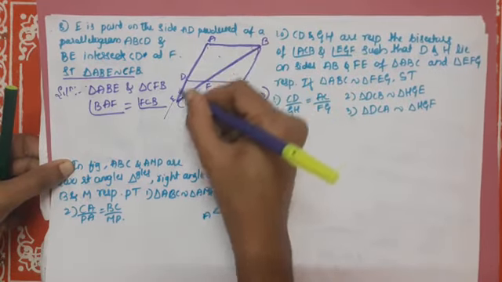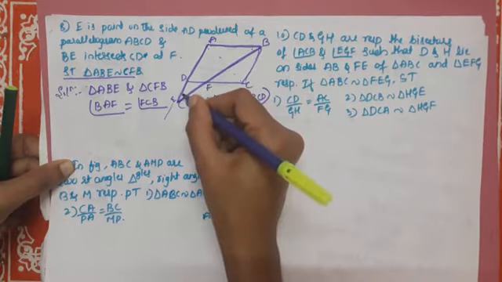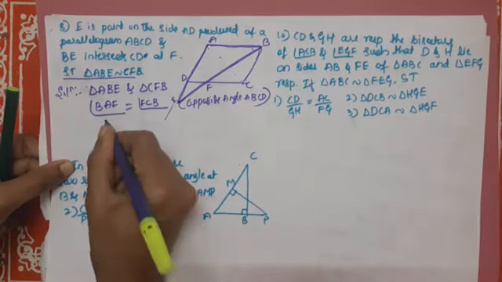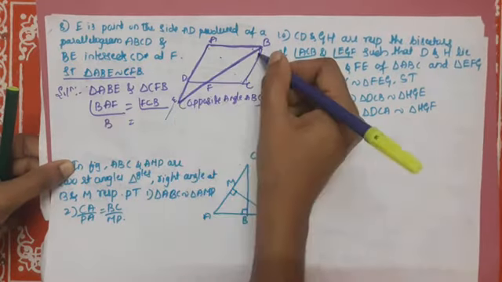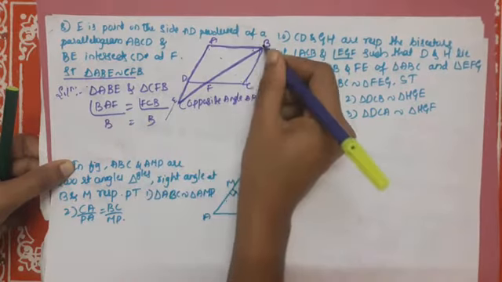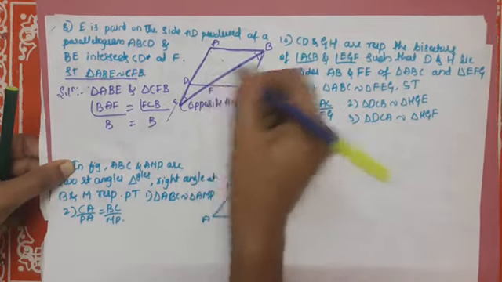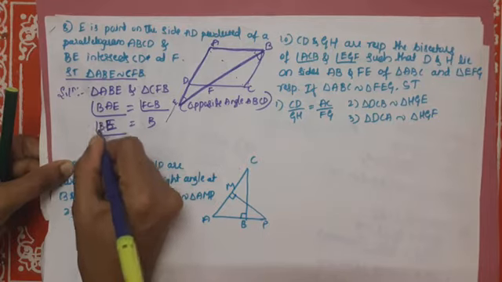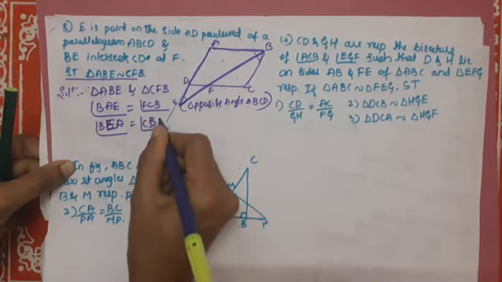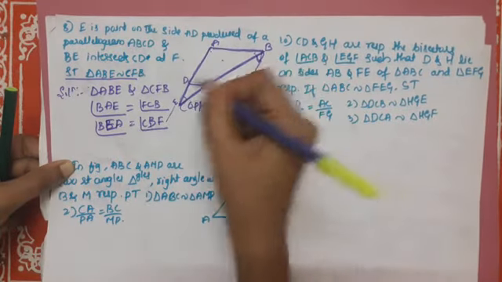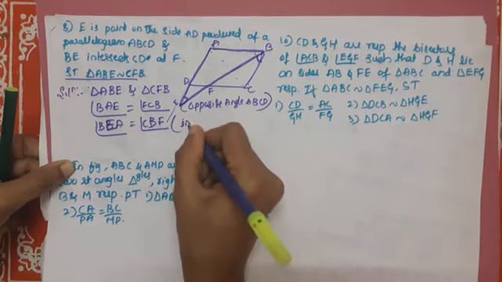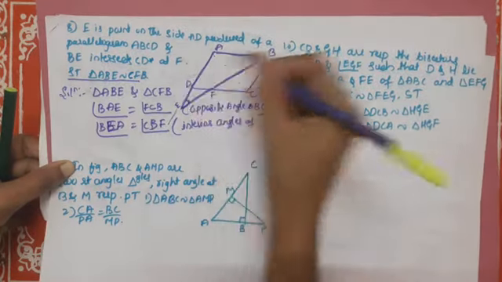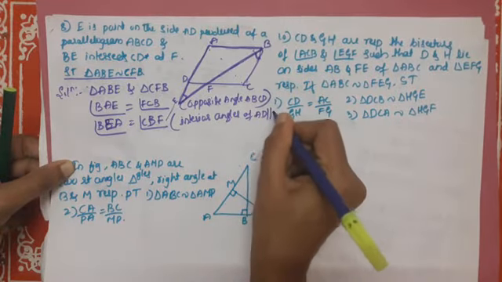So angle BEA and angle CBF are equal, because they are interior angles of two parallels, AD parallel to BC.